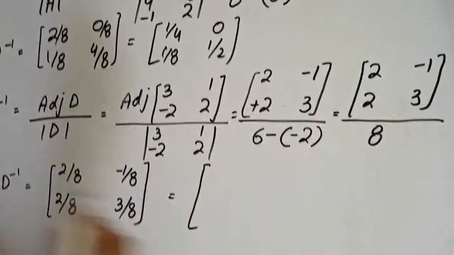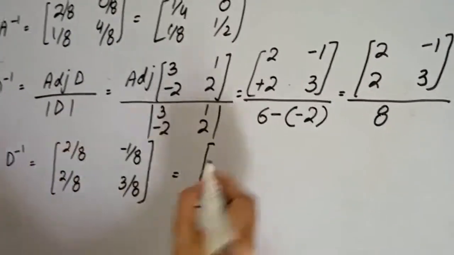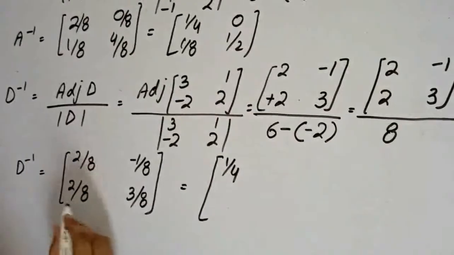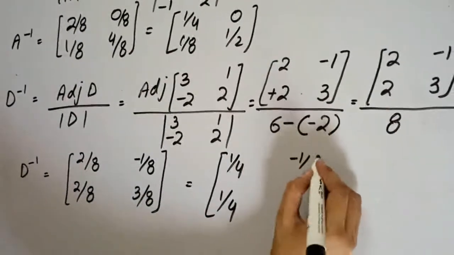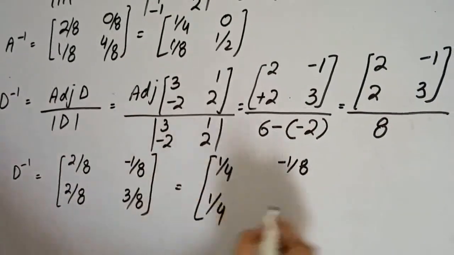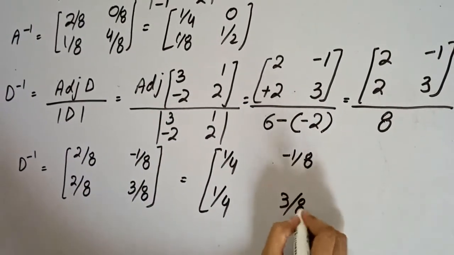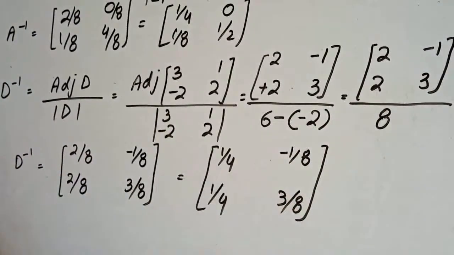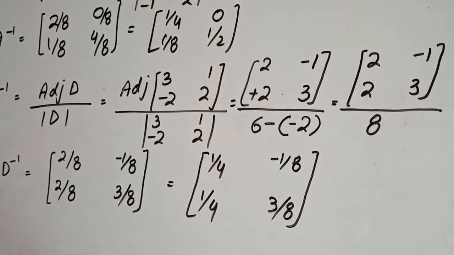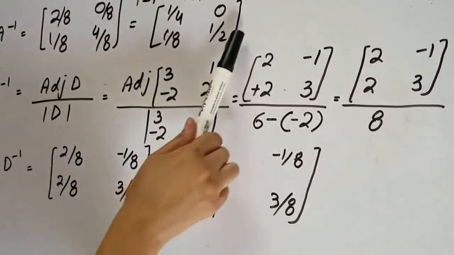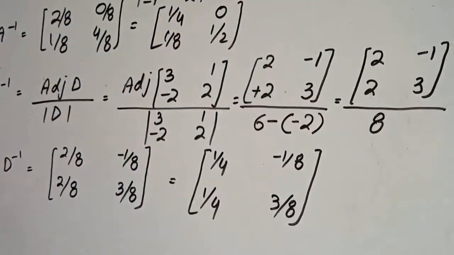We'll simplify this. 2 1s are 2, 2 4s are 8. Minus 1 over 8 cannot be simplified again, and 3 over 8 cannot be simplified more. So this is now the D inverse. We have now both the matrices, A inverse, that is here, and D inverse, that is here.